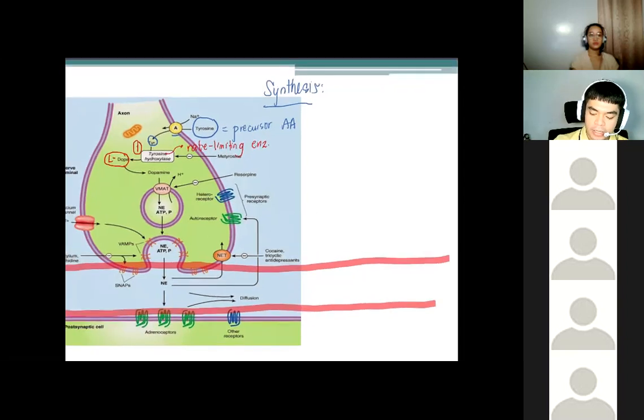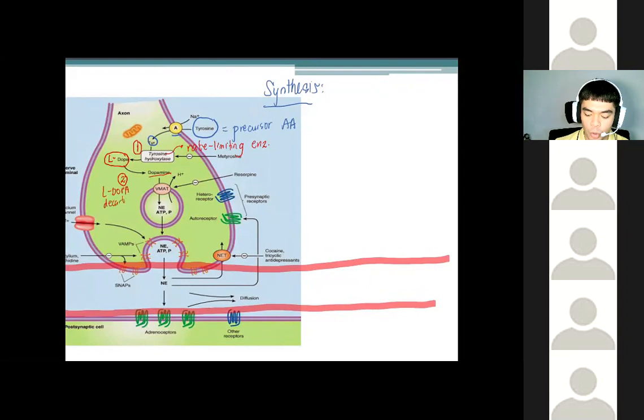Next, we have the second catalytic reaction, in which L-DOPA is converted into dopamine via another enzyme. Although not written here, that enzyme is L-DOPA decarboxylase.